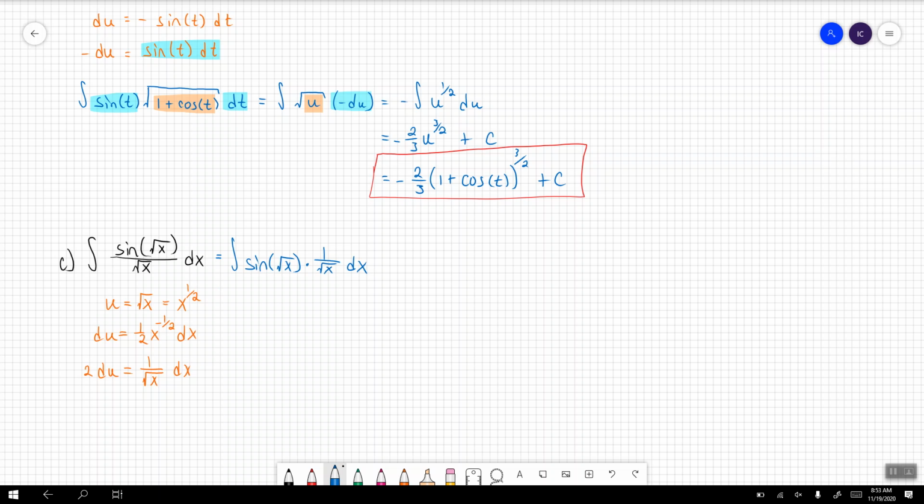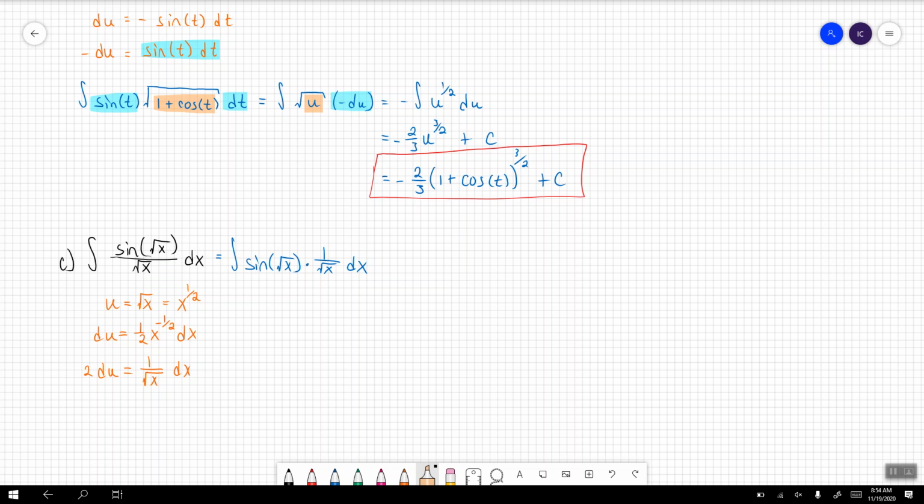The reason I'm separating this is so that when we take this integrand, we can again decompose it in order to find where our differential is located.